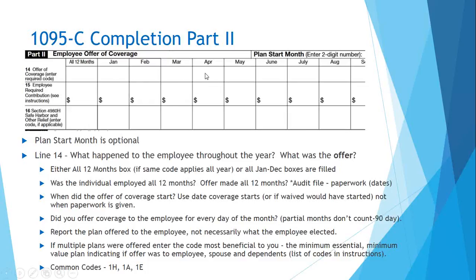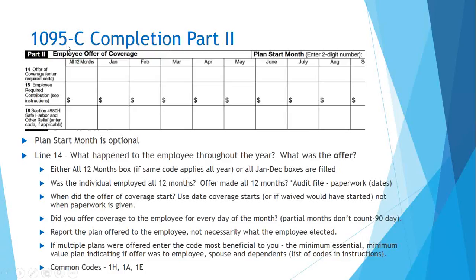First of the month following 60-day waiting period, you're going to show 1H in April, 1H in May, and then since you offered a plan that was minimum value, minimum essential coverage to employee, spouse, and dependents, you're going to use 1E. If you just offered minimum essential coverage and minimum value to employee only, and you did not offer the ability for spouses and dependents to enroll, it's a totally different code. It would be code 1B as in boy, and all of those codes are listed out in the instructions.